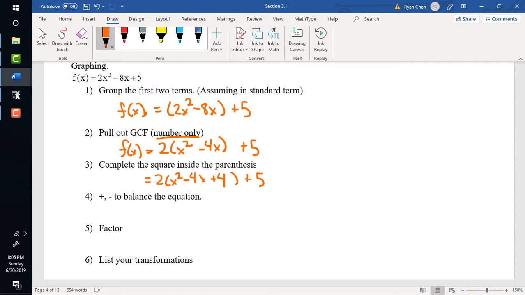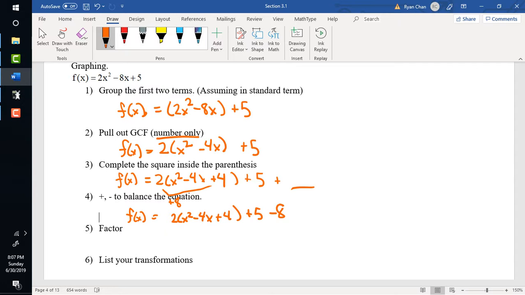And I'm going to add or subtract something, right, to balance it out. Now, let's talk about this one here. This one's a tricky one. You're not really adding 4, you're really adding 8. So because of that, we need to subtract 8 to balance it out.